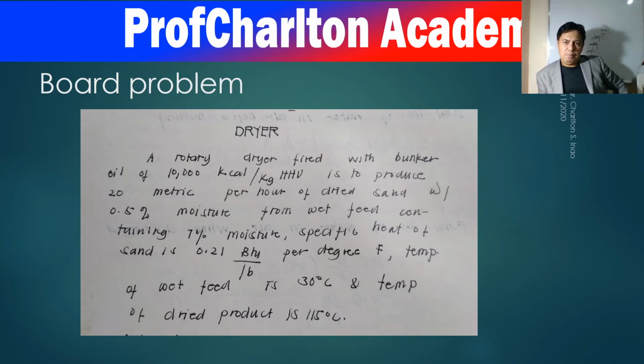So this board exam problem states that there is a rotary dryer fired with bunker oil, or fuel, of 10,000 kilocalories per kilogram higher heating value, to produce 20 metric tons per hour of dried sand with 0.5% moisture from wet feed containing 7% moisture.